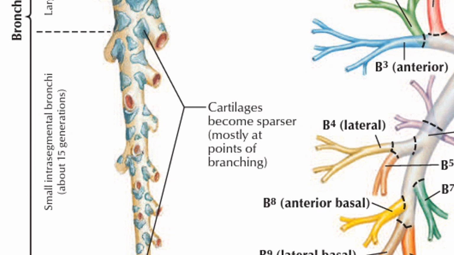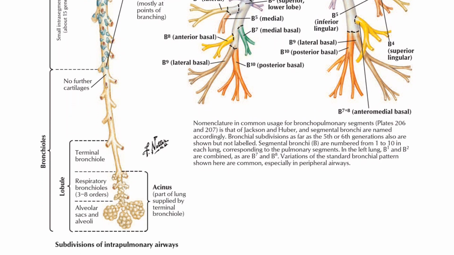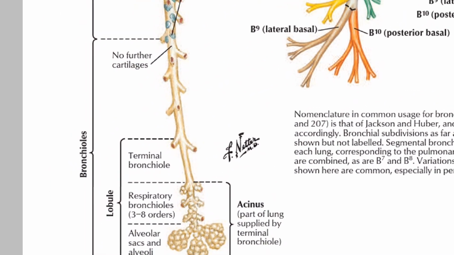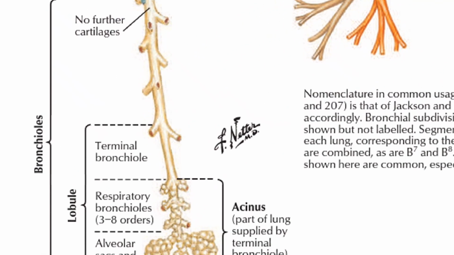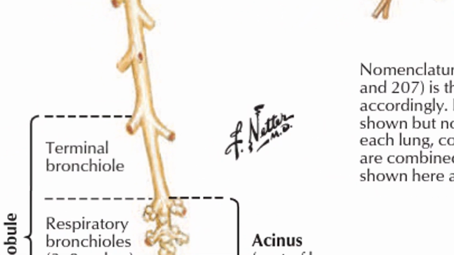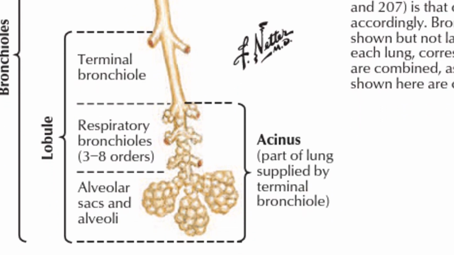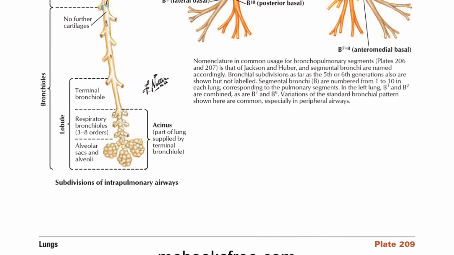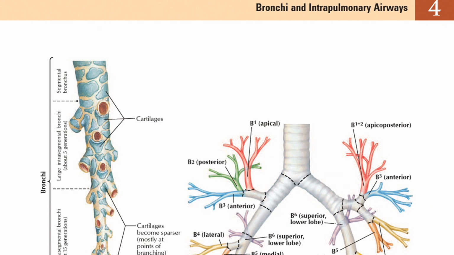Mostly they are present at the point of branching, and then at the level of bronchiole the cartilage has completely disappeared. So in all this bronchiole, terminal, respiratory, there are more smooth muscles present. So this is also one good, important figure for you.